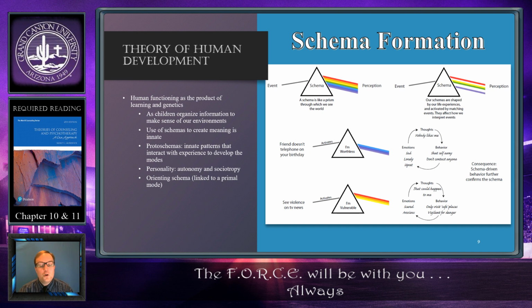These schemas are our core beliefs. Remember, they're shaped by our experiences and how we've come to view ourselves functioning in our reality, our surroundings and our environment. If we see ourselves as effective, good, smart, intelligent, worthwhile, those schemas are going to be effective for us.